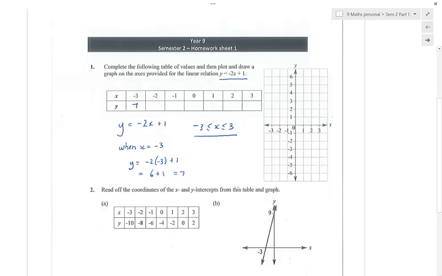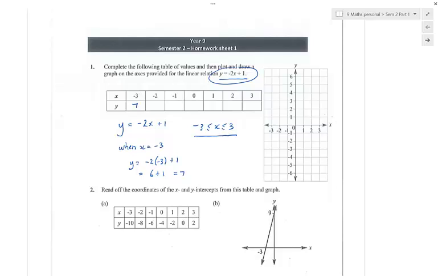Now, we've done the first point. What do you notice? What you'll actually find is you can save yourself some time. What's the gradient of this line? y equals mx plus c, where m is the gradient. What is the gradient in this case? Negative 2. So for every time we go across 1 in x, we're going down 2.